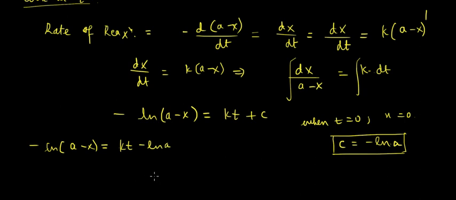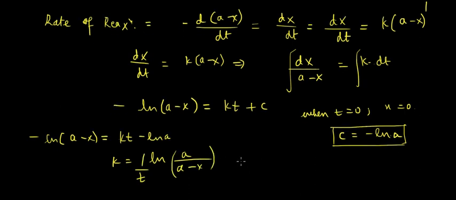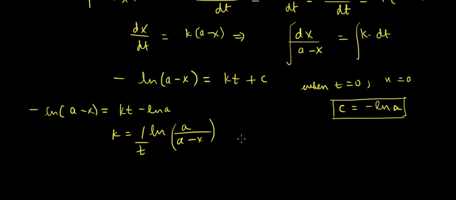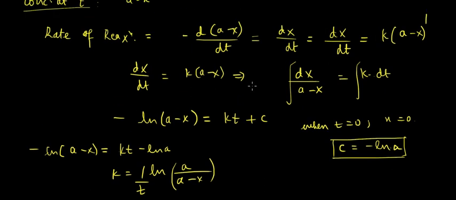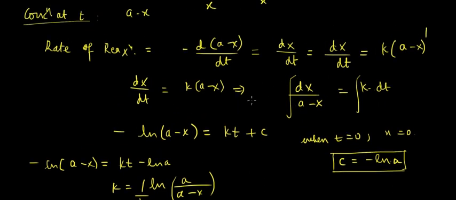Okay, so from this we can write k as ln a upon (a minus x) divided by t. And as we know, this rate constant would also be equal to the rate of disappearance constant, or rate constant for disappearance, any term you can use for it. Why?